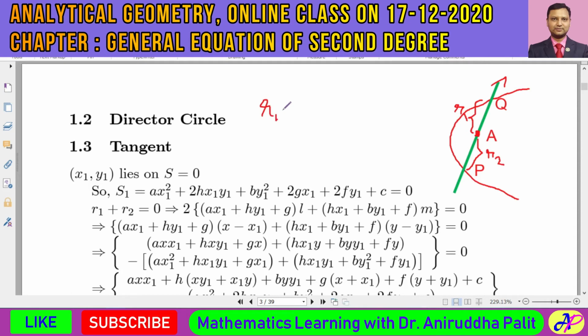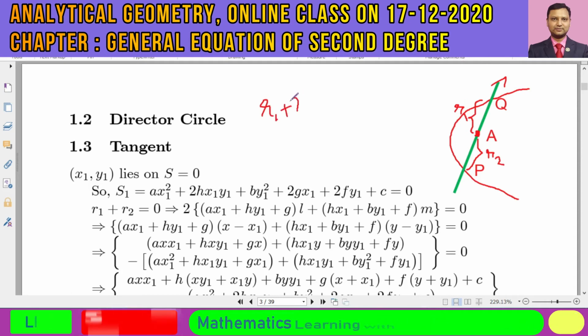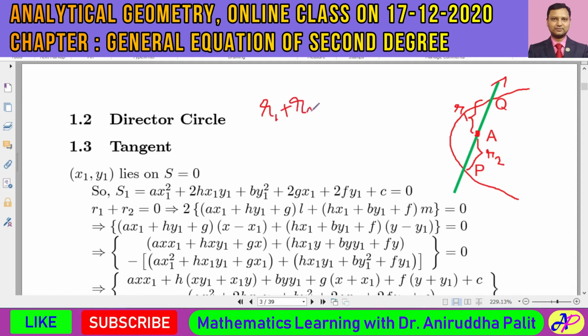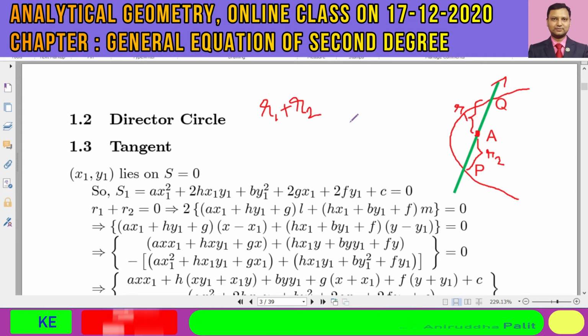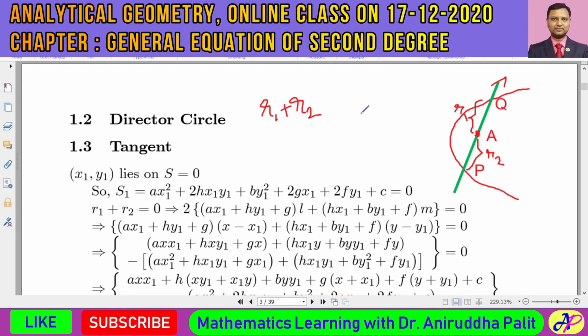R1 plus R2, we are actually trying to find out the value of R1 plus R2 as this point Q is coming to the point P along the curve.